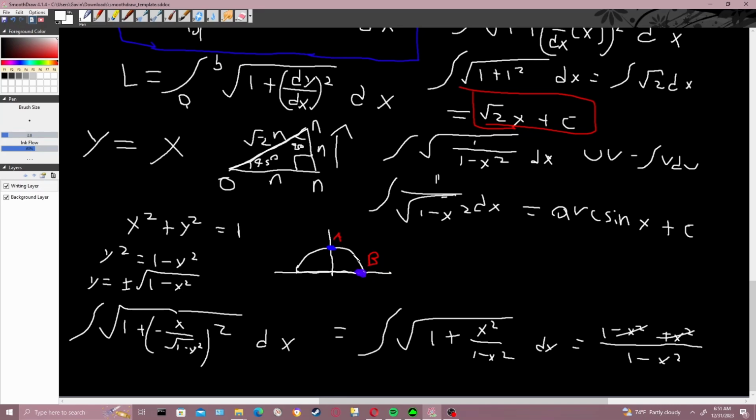So now the integral of our arc length, which should be ending up being pi over 4 if we plug in pi over 4, should be our angle.